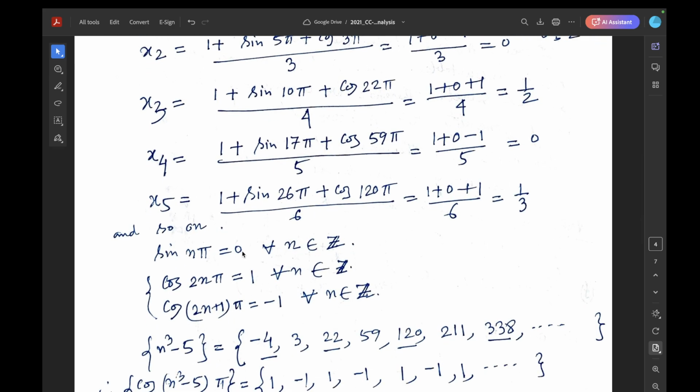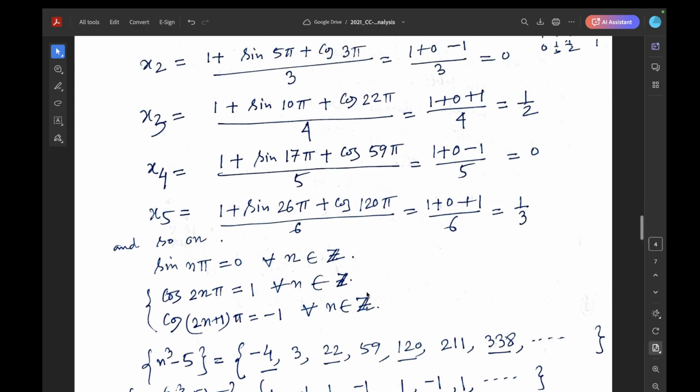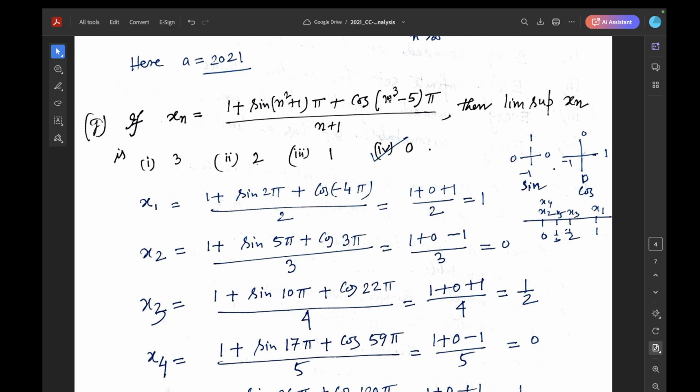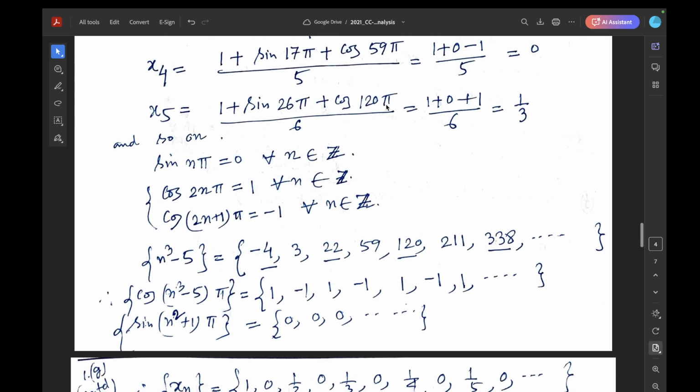Now sin(nπ) equals 0 for all n belonging to the set of integers Z. cos(2nπ) equals 1 for all n in Z. cos(2nπ + π) equals -1 for all n in Z. Then the set n^3 - 5 is -4, 3, 22, 59, 120, 211, 338 and so on.